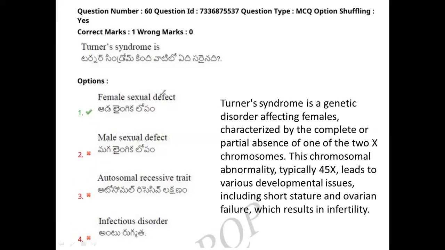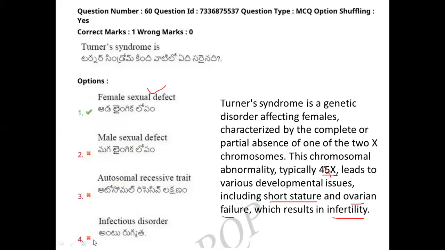Generally in a female, of 23 pairs, 22 pairs are autosomes and the allosomes are one pair, where 2 X chromosomes make a female and 1 X 1 Y chromosome make a male. That is the normal structure. In Turner syndrome, the autosomes are normal, 44, which is 22 pairs. Among the allosomes there is only a single X chromosome; one X chromosome will be missing. So if the question asks about a female sexual defect with a single X chromosome, it is this one. The symptoms are short stature, ovarian failure, and ultimately infertility in such females. Done. So that is Turner syndrome.